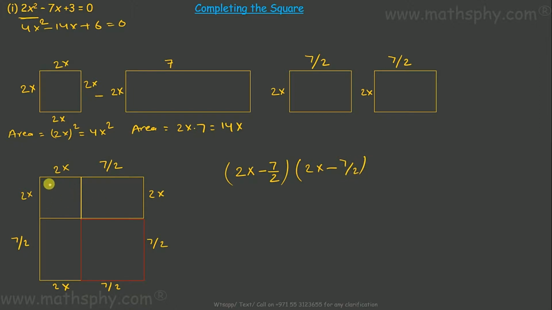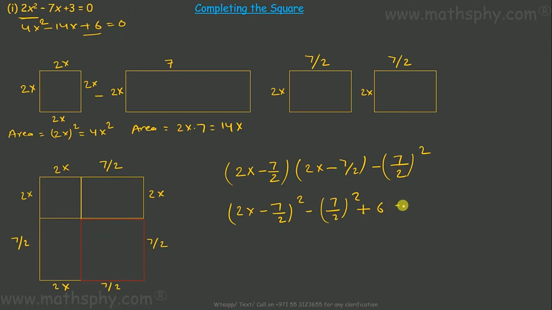So from this square, this and this are gone. This is the borrowed piece. Let's take this off also. So from this square, I have taken off this, this, and this. All three are gone. This is the new area here, which is 2x minus 7 over 2 whole square minus 7 over 2 whole square. This positive 6 is sitting idle there.